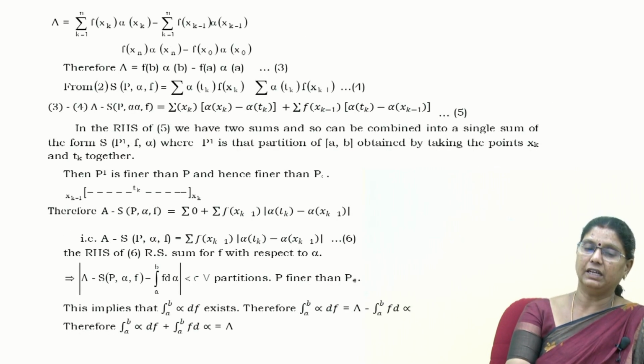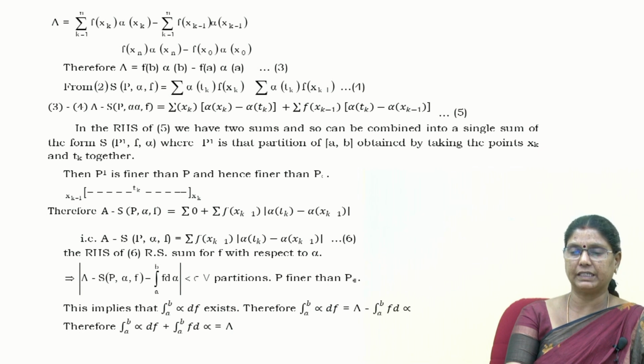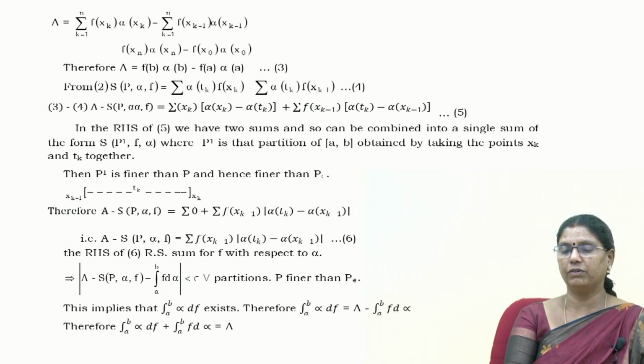Now, let us define A equal to sum of f(x_k) alpha(x_k) minus sum of f(x_{k-1}) alpha(x_{k-1}). That is nothing but f(x_n) alpha(x_n) minus f(x_0) alpha(x_0). Therefore, A can be written as f(b) alpha(b) minus f(a) alpha(a). From equation 2, we can write S_P(alpha, f) as sum of alpha(t_k) f(x_k) minus alpha(t_k) f(x_{k-1}).